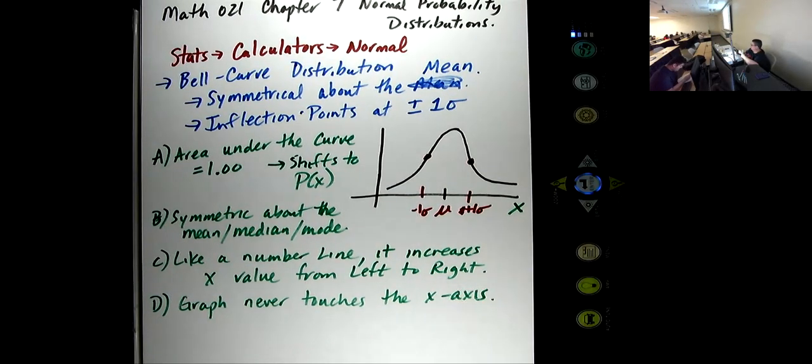It gets really close to it. It can get infinitely close to it, where you need like a super magnifying glass to see that it's not touching. Because to the naked eye, it would look like it's touching.